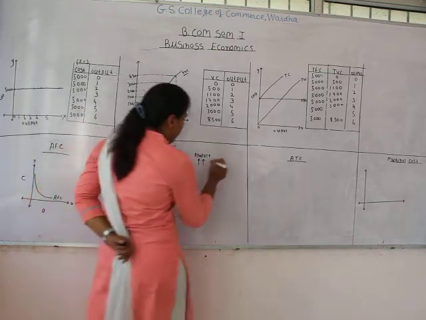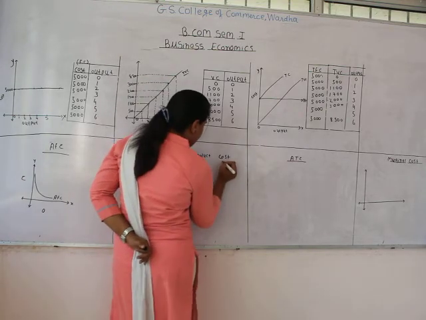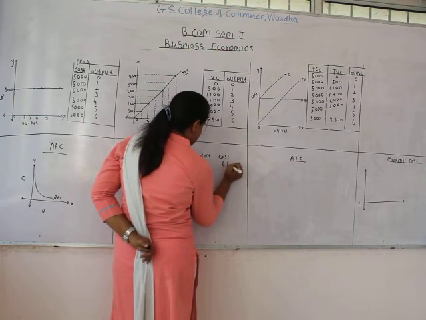So when production increases at an increasing rate, cost declines at an increasing rate.